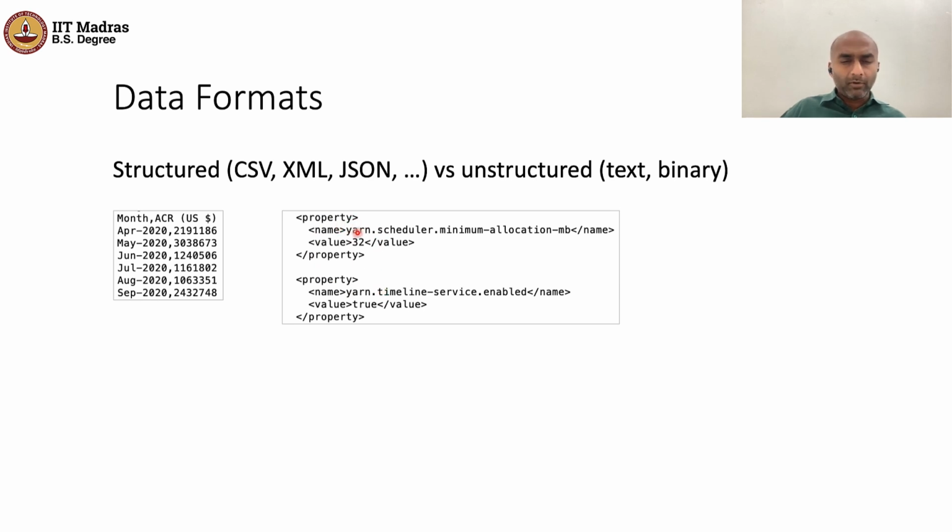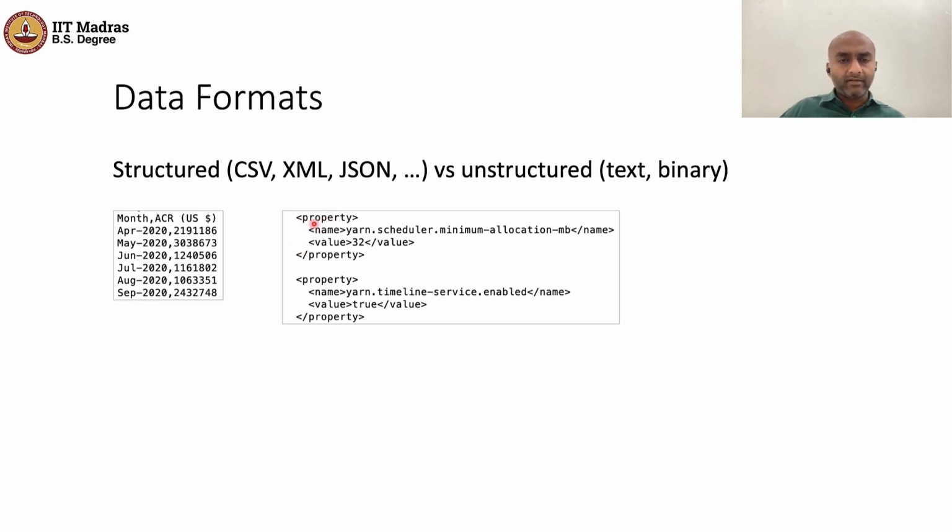So let me help you parse this. At the start of it, you see there are angular brackets surrounding the word property, and there are angular brackets surrounding the word slash property. So in the world of XML, this kind of syntax denotes that there is the property element that is getting described between these two sets of angular bracket keywords, right?